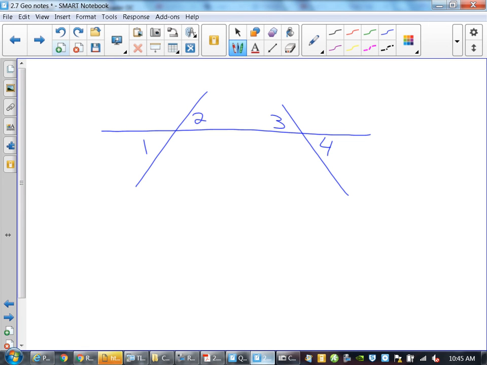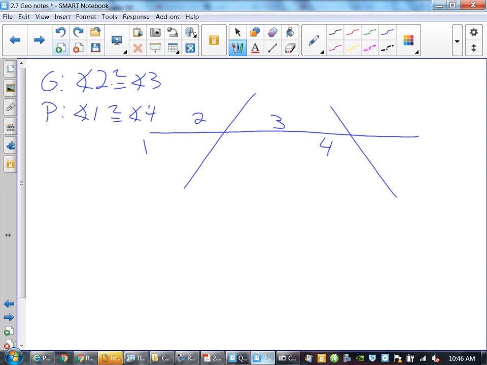Number 7? Yes. Okay. It says you're given angle 2 is congruent to angle 3, and it wants you to prove angle 1 is congruent to angle 4. Here's what happens when you are starting to work more with diagrams.